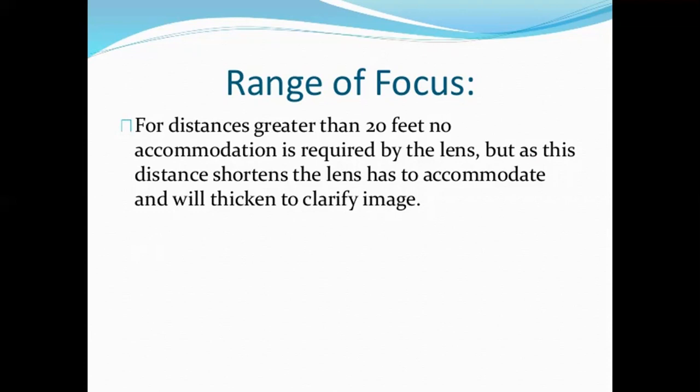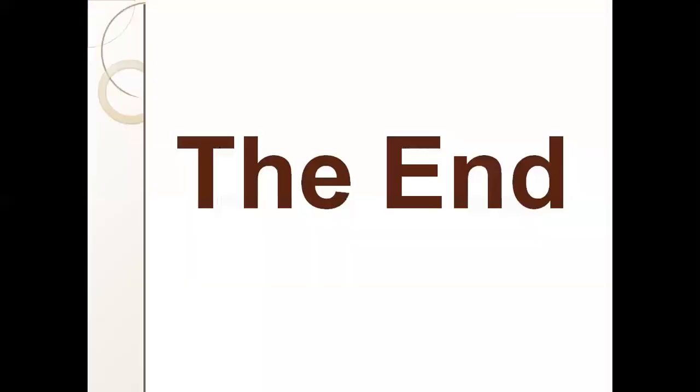But लेकिन इस distance के according, the lens has to accommodate and will thicken to clarify the image. मतलब जैसे जैसे distance पास होता जाएगा, the lens has to accommodate, otherwise we will not be able to clarify the image properly.